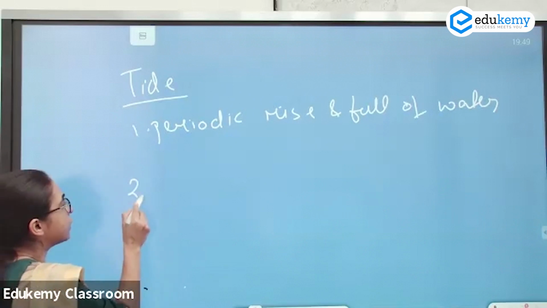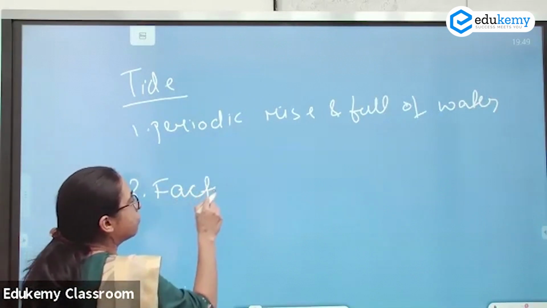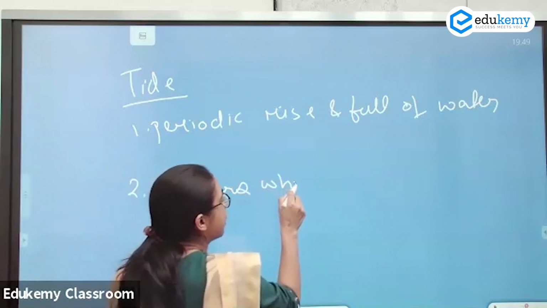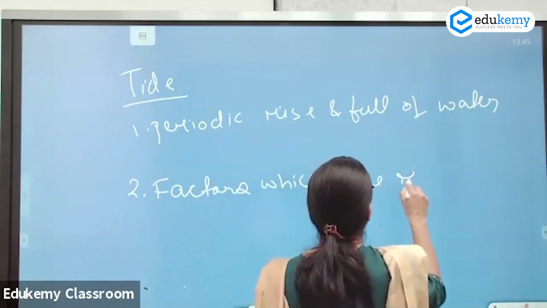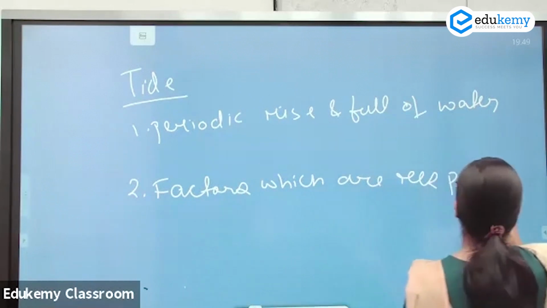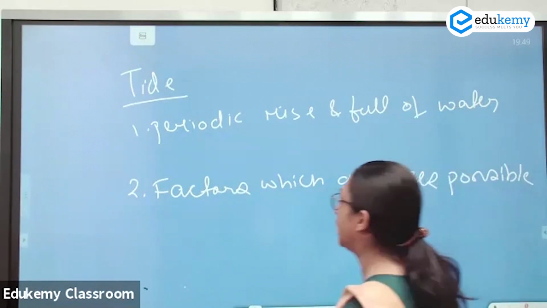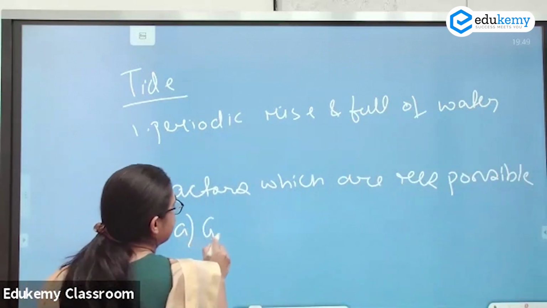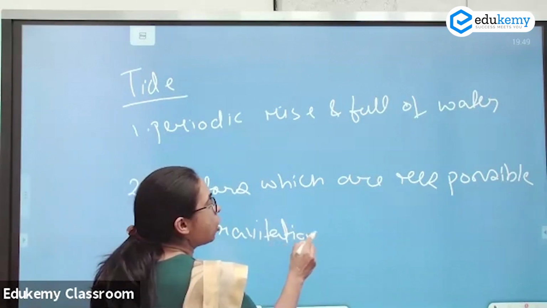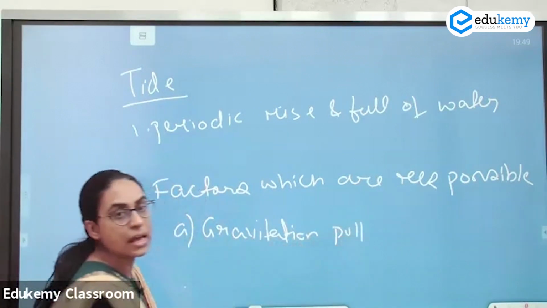What are the factors which are responsible? The factors which are responsible are, A, the gravitational pull of sun and moon.